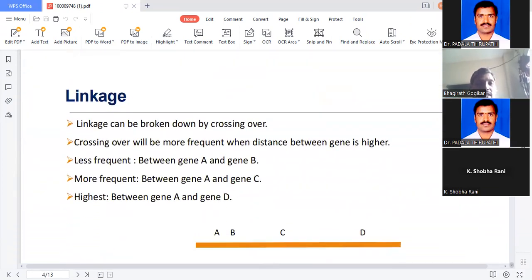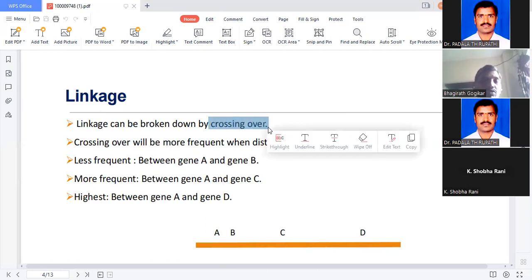Linkage can be broken down by crossing over. How do we break the linkage between the genes? During gametogenesis, meiosis division takes place. At the time of meiosis, in the prophase 1, in the pachytene stage, crossing over takes place.